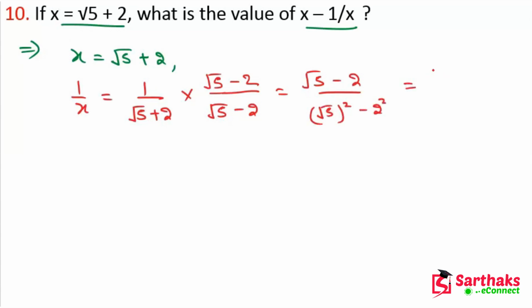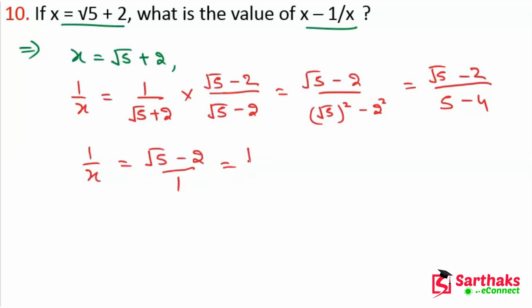So we get root 5 minus 2 divided by 5 minus 4. So 1 upon x is under root 5 minus 2 upon 1, which is equal to under root 5 minus 2.